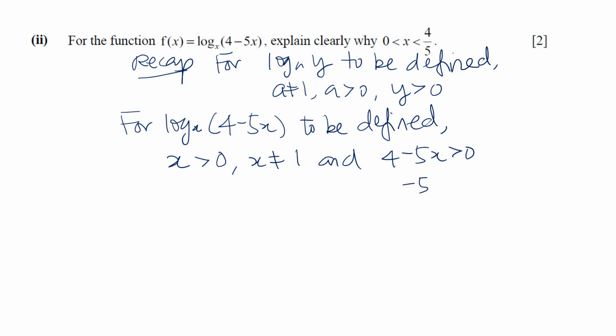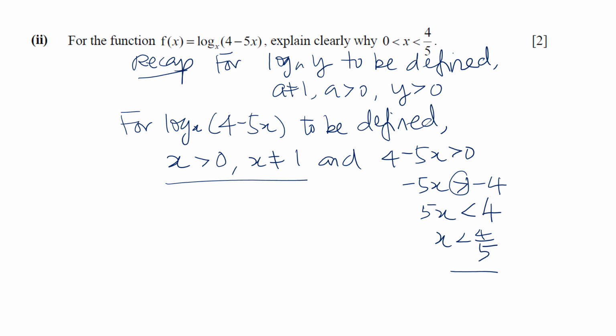That will be negative 5x more than negative 4. Multiply by negative throughout, then you have to flip your inequality sign, and x is less than 4/5. If you combine this and this, therefore x must be more than 0, x less than 4/5, and we also need to say that x cannot be equal to 1.